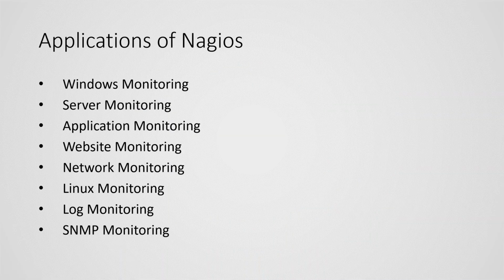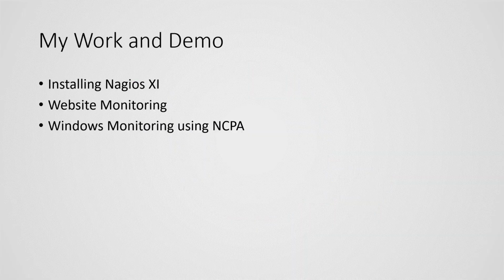So there are various applications of Nagios. It is used for Windows monitoring, server monitoring, website monitoring, Linux monitoring, SNMP monitoring, log monitoring. There are other various applications, and we will be looking here at how to install Nagios XI on our machine. And then we will see how to monitor a website, and then how to monitor a Windows machine using NCPA.